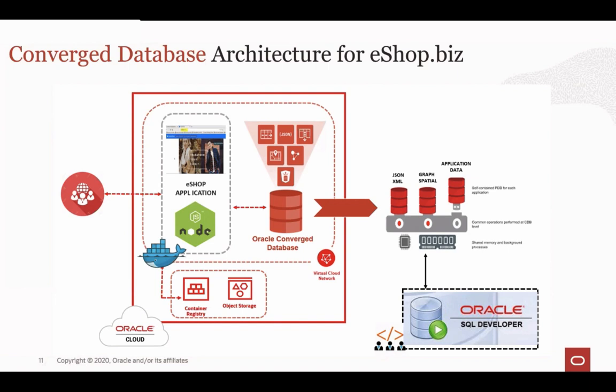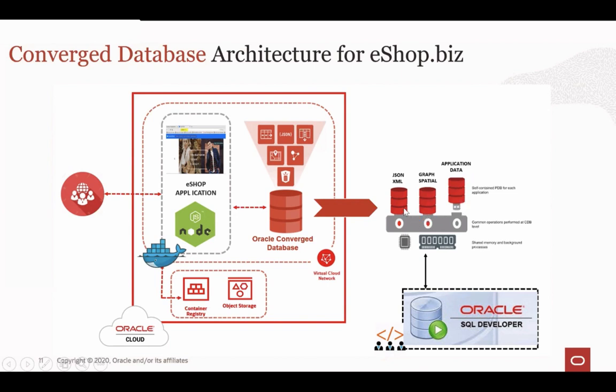Here, this Converged Database is residing with JSON, XML, Spatial, and graph data types in one Converged DB. Internally, we have used 3 pluggable databases, which is multi-tenant. JSON and XML are isolated from graph and spatial, as well as from the application data.